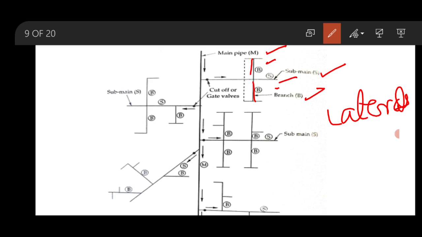Thus, it will form a number of dead ends. So this system is suitable for localities which expand irregularly and where the water pipes have to be laid at random due to the absence of any planned road network.